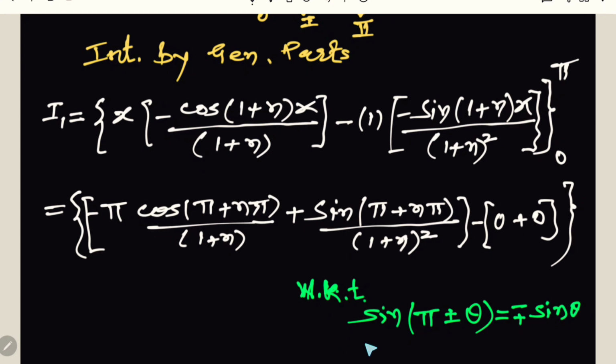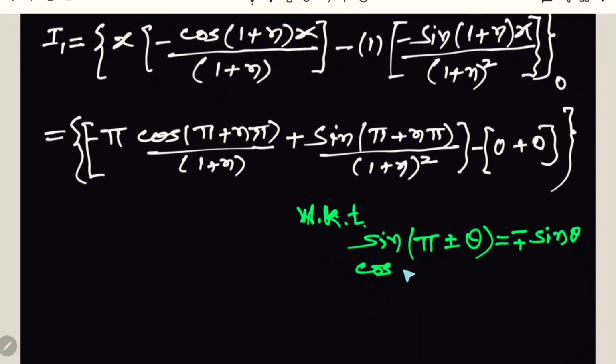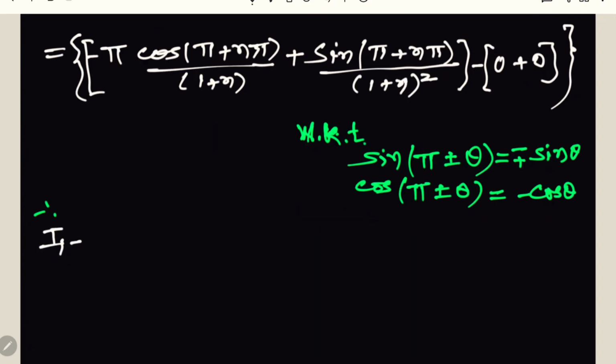And similarly for cos pi plus or minus theta is minus cos theta, means for both we are getting minus cos theta. And therefore applying this result for further simplification, minus pi as it is, no change. Cos pi plus theta is minus cos theta, means minus cos n pi.